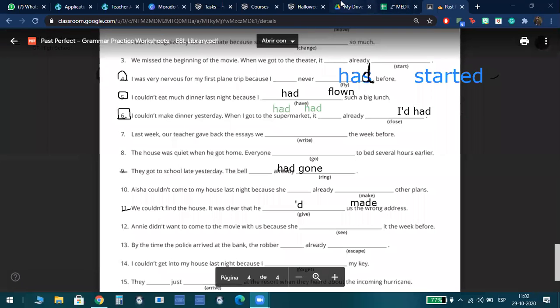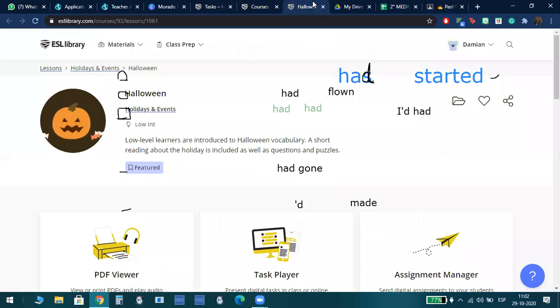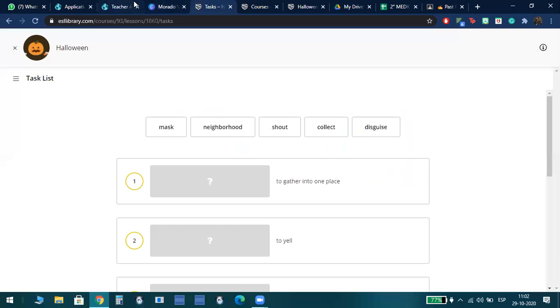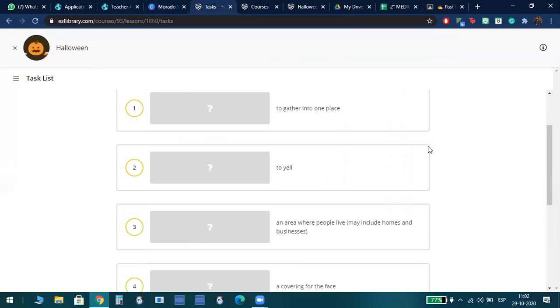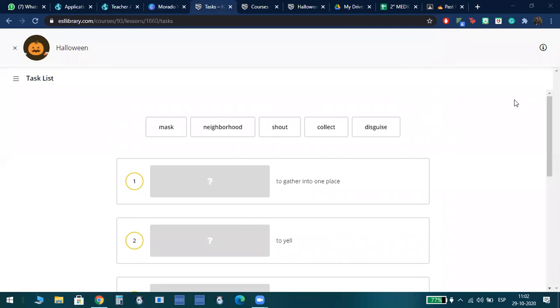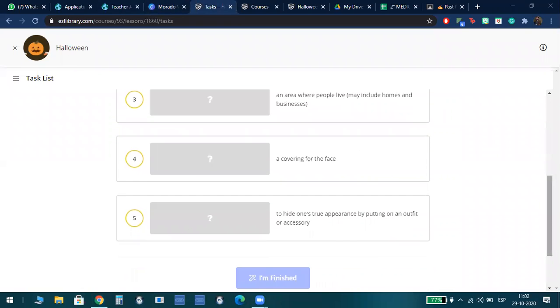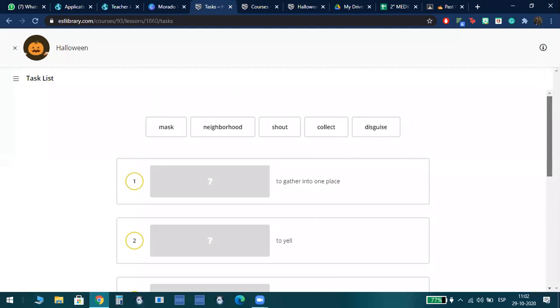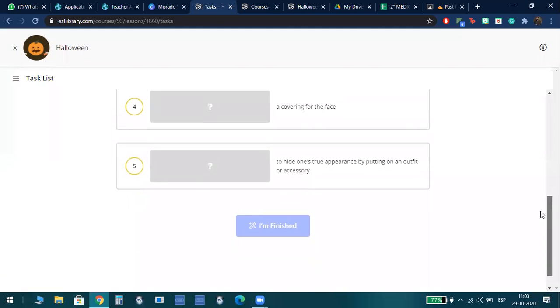All right, let's head back to a bit of a short activity I would like to do with you. Some Halloween activity. So we're gonna check on why do people celebrate Halloween and what's the origin of it. And before that, let's do some vocabulary.